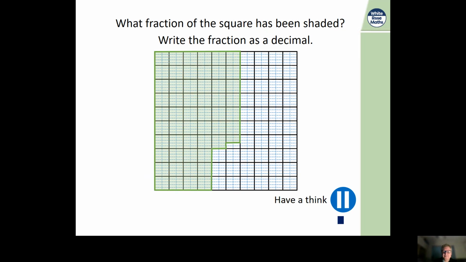So have a think about this one. Just double check. 1, 2, 3, 4, 10, 20, 30, 40, 50, 60, 70, 100, 10, 20, 30, 136.